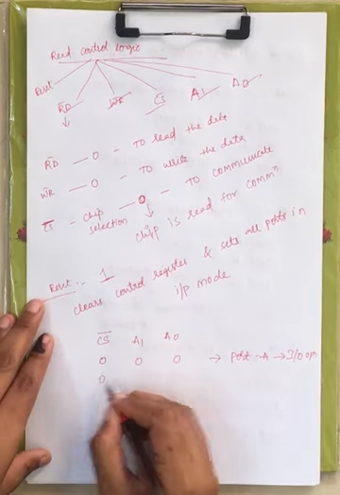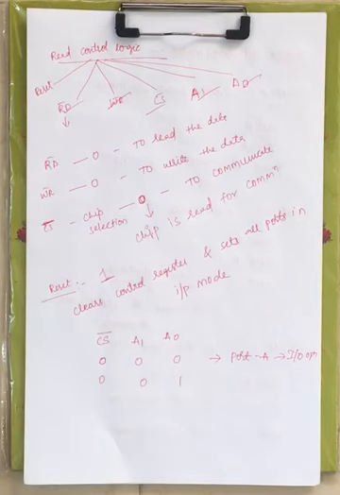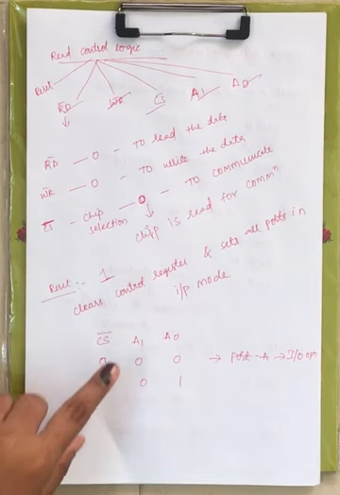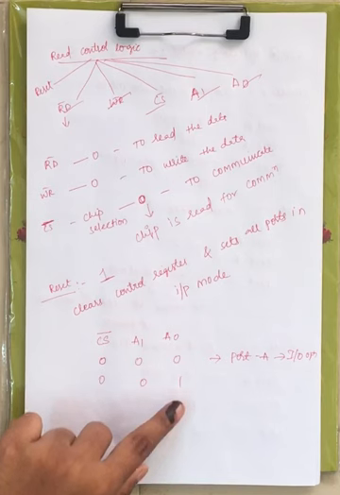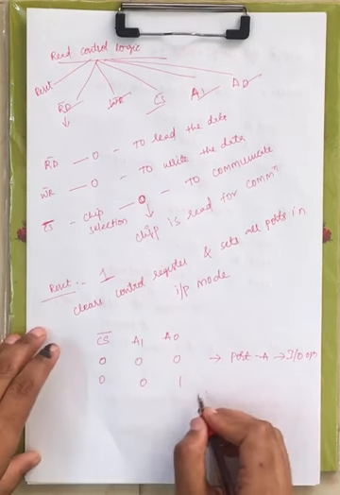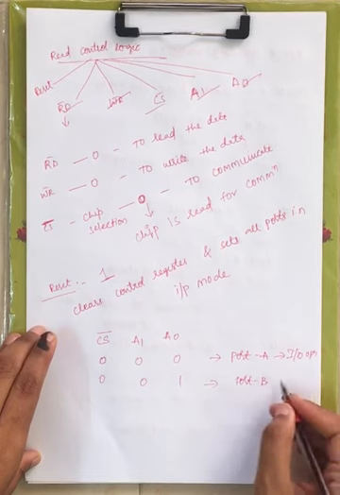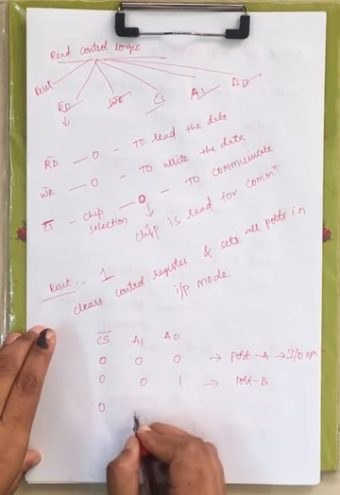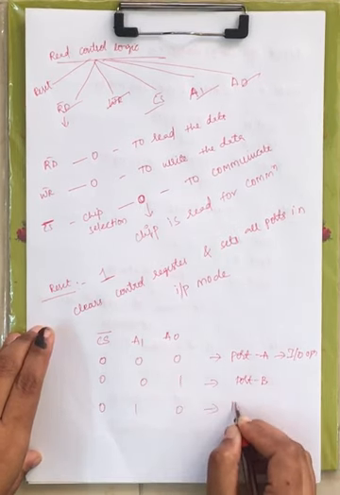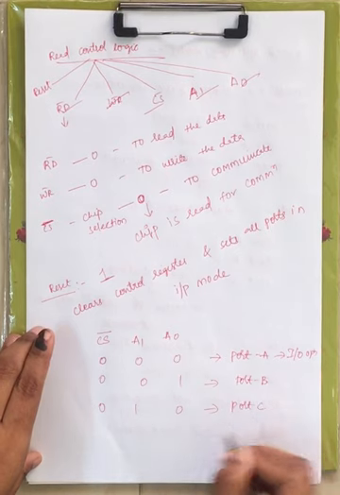Now when it is 0, 0, 1, what is the next possibility? CS bar is 0, A1 is 0 and A0 is 1. At this stage, port B is selected for input output operation. For 010, port C is selected for input output operation.